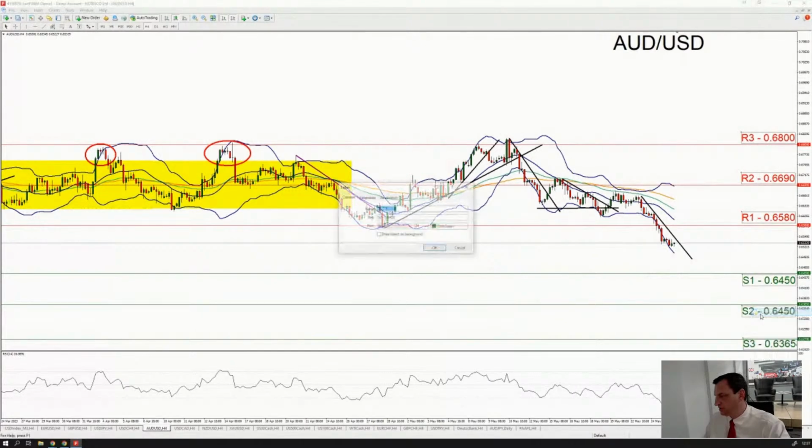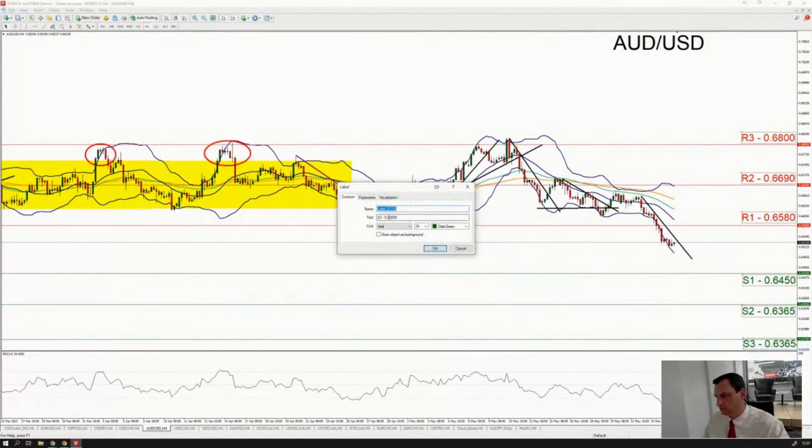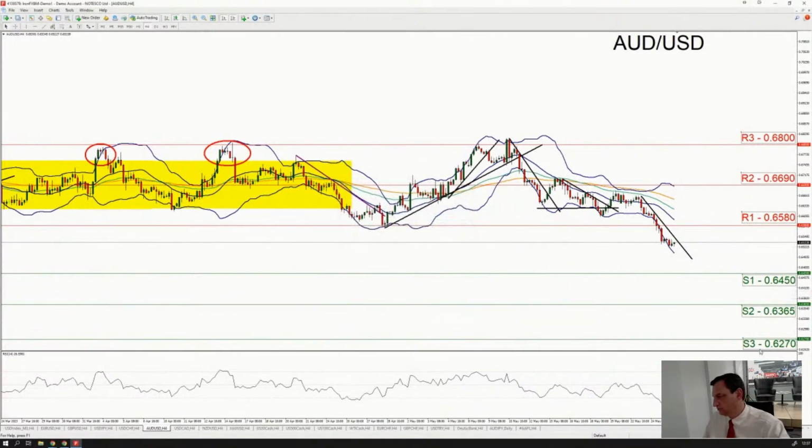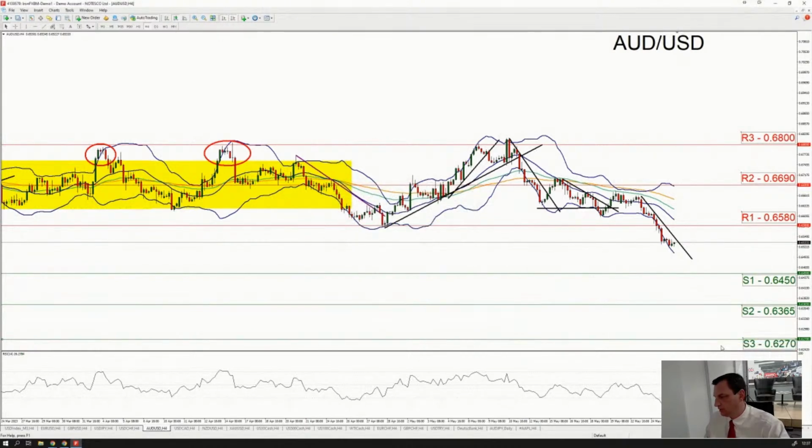The S2 at 0.6365. The S3 at 0.6270. Let me check the S3. Yep, correct. Locking everything in.